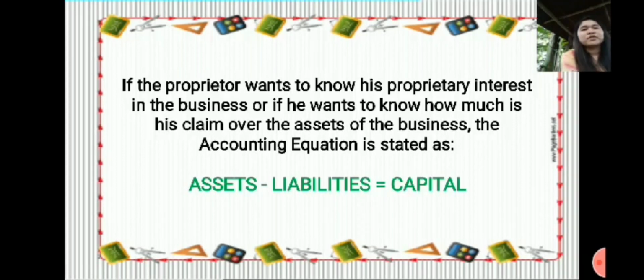Kung ang proprietor sad gusto siya makabalo kung pila ang iyahang proprietary interest sa business, ang iyang buhaton is ang amount sa iyang assets, minusan niya sa amount sa liabilities. Then ang assets minus the liabilities, ang total amount niya is equal pud siya sa capital. Always pud siya equal sa amount sa capital.